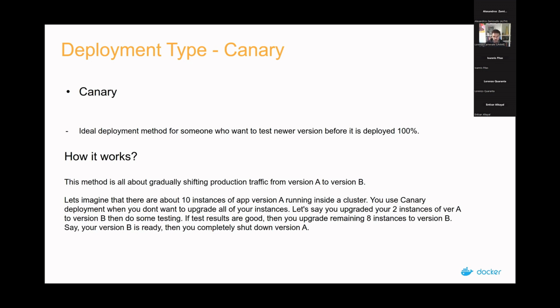It gradually shifts the production traffic from version A to version B. That means if we have 10 instances of application A running inside a cluster, using this deployment we can maintain the reception of the requests both on A and B. In this way, we can start using B and understanding how it works.